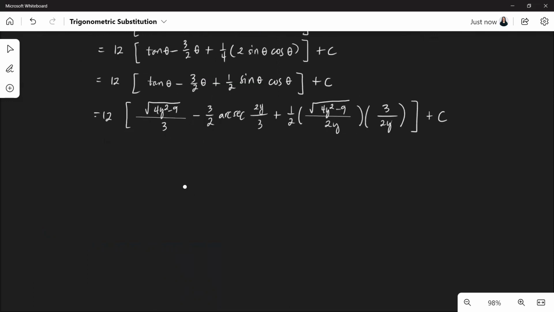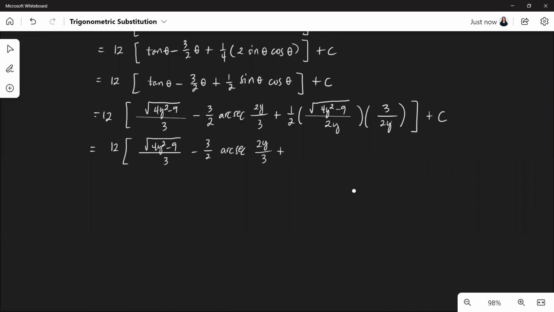Plus C. So simplify. So this is square root of 4y squared minus 9 all over 3, minus 3 halves arc secant of 2y over 3. Yeah, we have plus 1/2 times 3, 1 times 3.